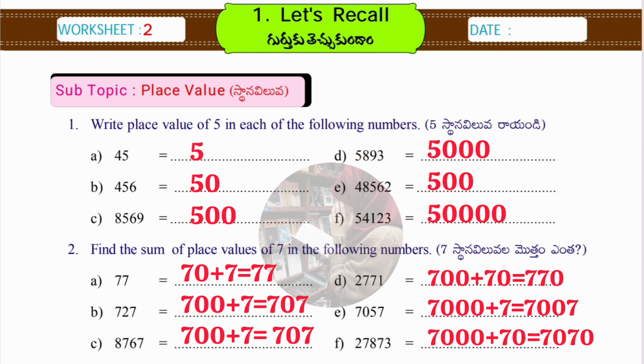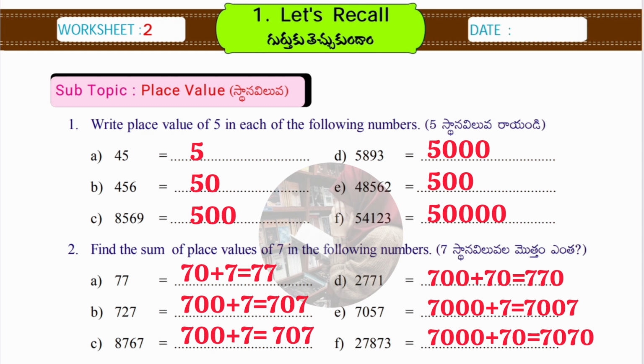Let's see the second one. Here 727. First 7 is in hundreds place, that's why 700, plus next 7 is in ones place, that's why 7. So 700 plus 7 is 707. Are you getting my point? In third number, 8767, here first 7 is in hundreds place, that's why 700, plus second 7 is in ones place, that's why 7. 700 plus 7 is again 707.